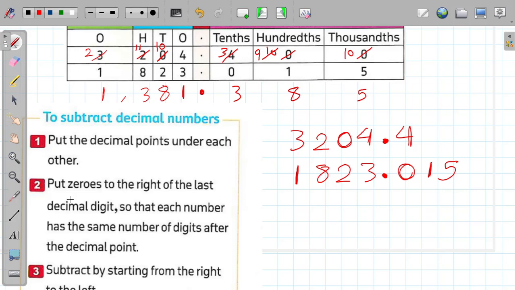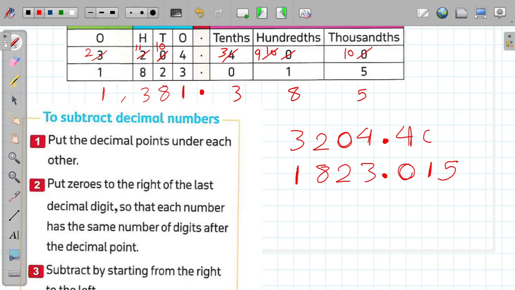Next, I will put zeros to the right of the last decimal digit, so that each number has the same number of digits after the decimal point. So I have here 4, and I don't have any hundredths or thousandths digits.